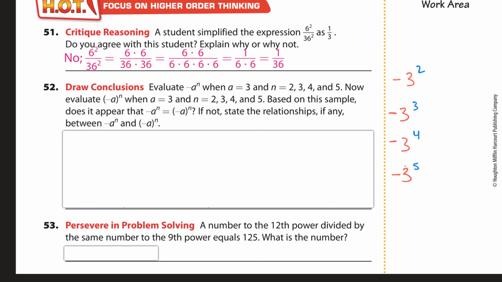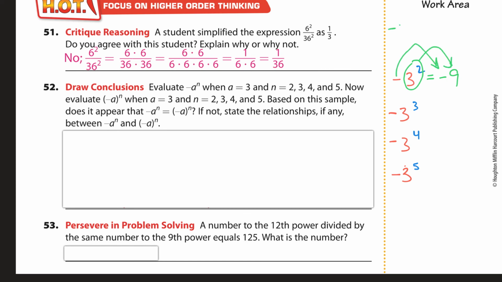All right. So I'll make it green. Negative 3 to the second is negative 9, because you do 3 to the second, which is 9, and then the negative goes there.